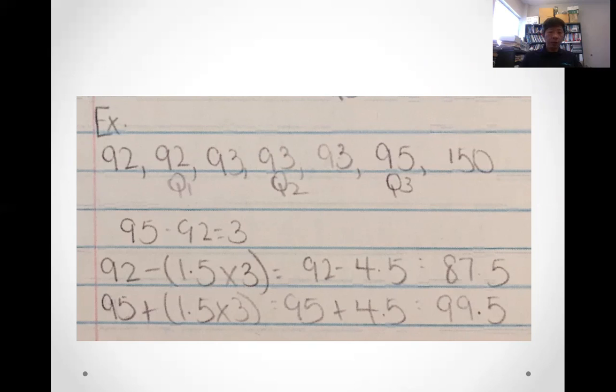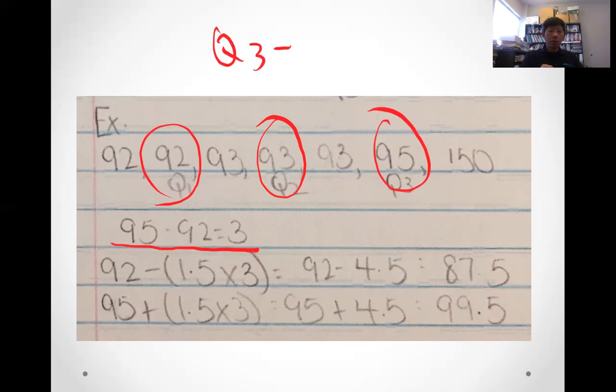Q2 is the median. And Q1 is the median of this, which is Q1 right here. What about Q3 right here? Okay. So the interquartile range, we learned this earlier. We take Q3 minus Q1, which is equal to 3, right? Okay.